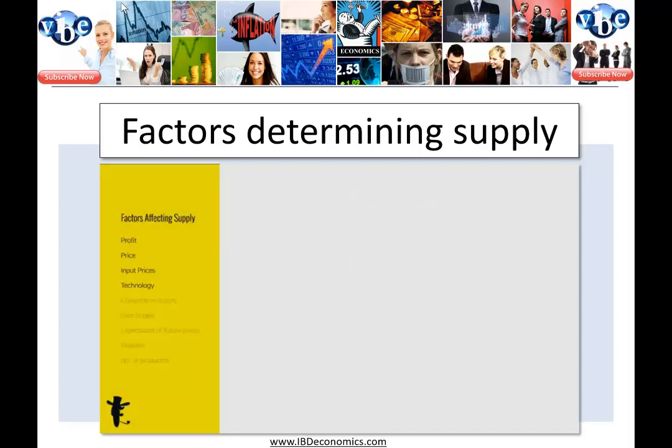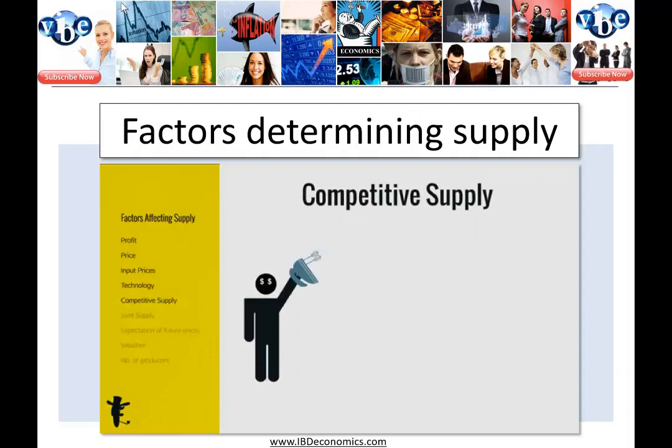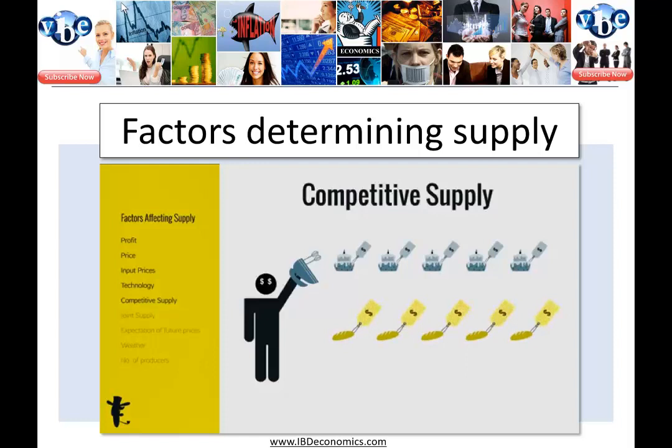Yum yum. Competitive supply. As bakers, we can bake cakes or bread. If price of bread increases, this means baking bread is more profitable. Then we should bake more bread? Crap. Supply of cakes has to decrease. Why?